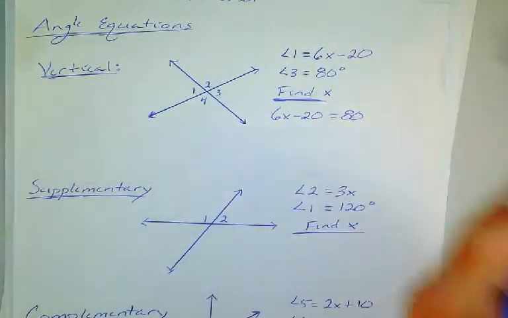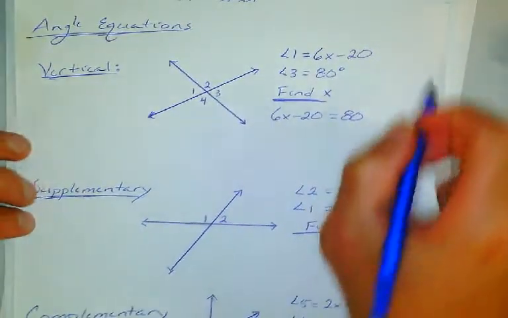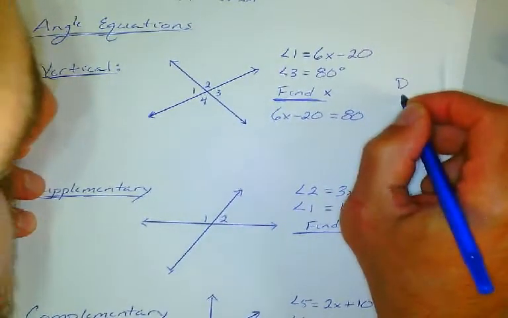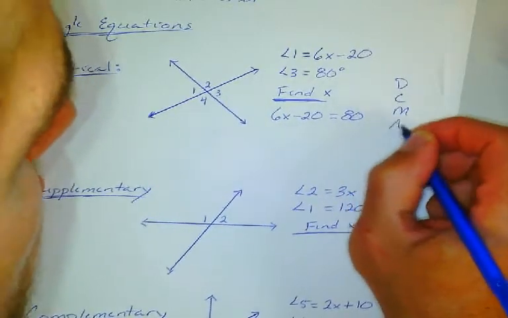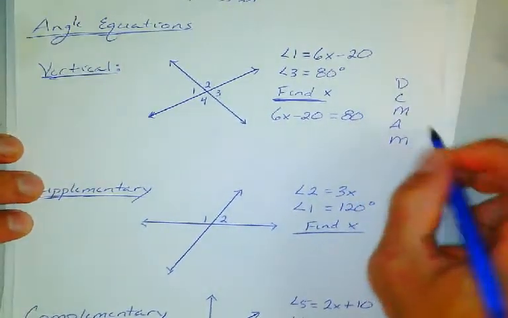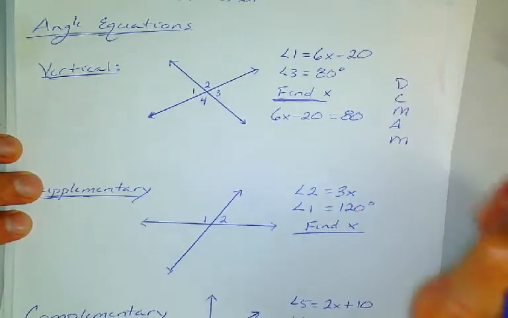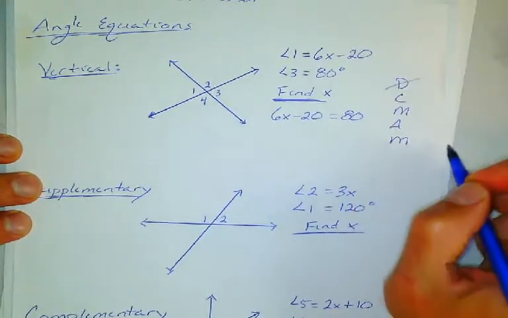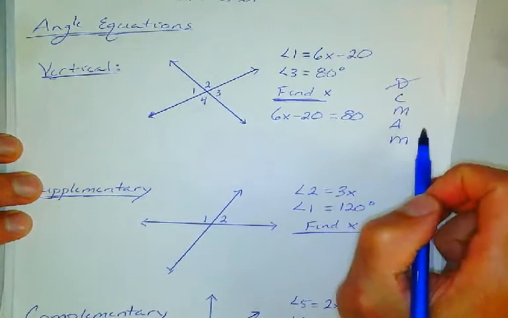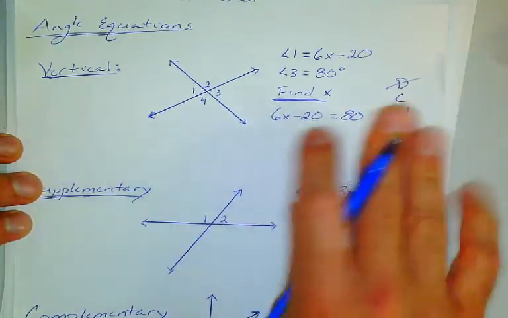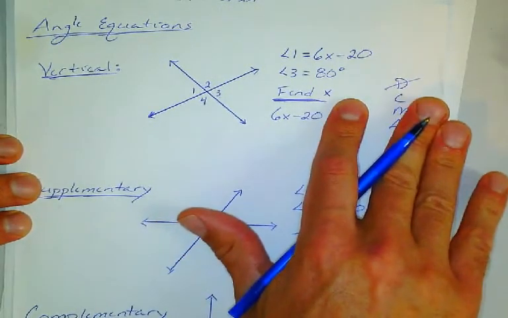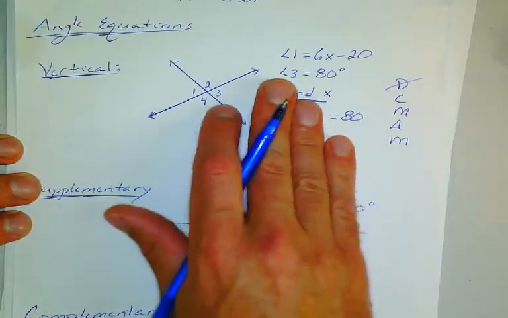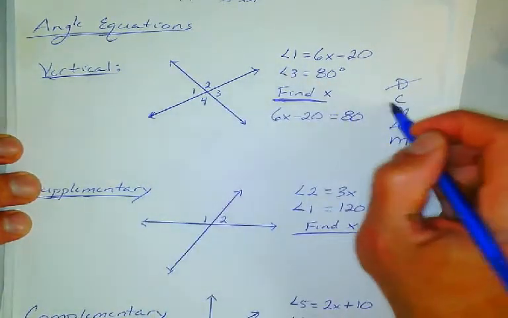You guys have been solving these for a while, but in case you're a little rusty, you can remember our trick, don't call me after midnight. D is distribute, there's no distributing because there's no parentheses. C is combining like terms, you just look at one side of the equation at a time, no like terms there. Look at the right side, there's no like terms to combine.